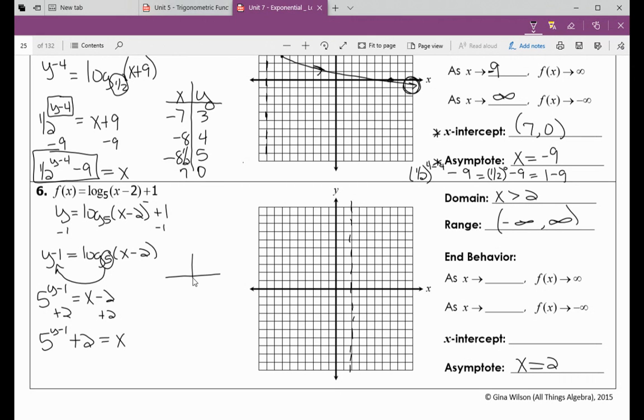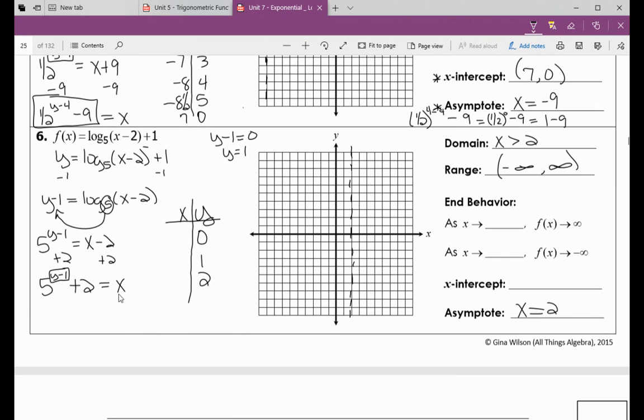So now I am not going to use my favorite numbers because I have y minus 1 as my exponent. So I'm going to take my exponent, set it equal to 0. So I'm going to build my y table around 1. So I'm going to do 0, 1, and 2. I'm going to plug that into this bottom equation here.